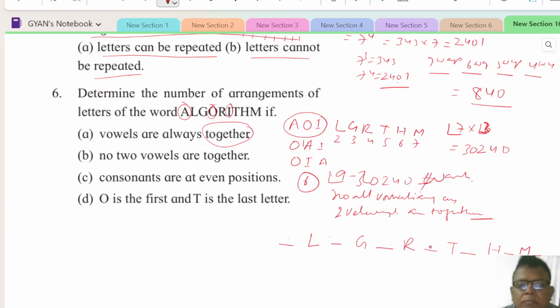One, two, three, four, five, six, 7 places.